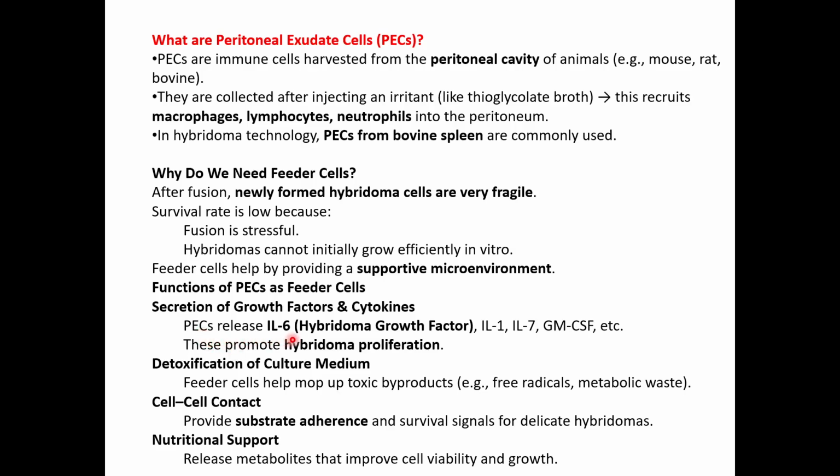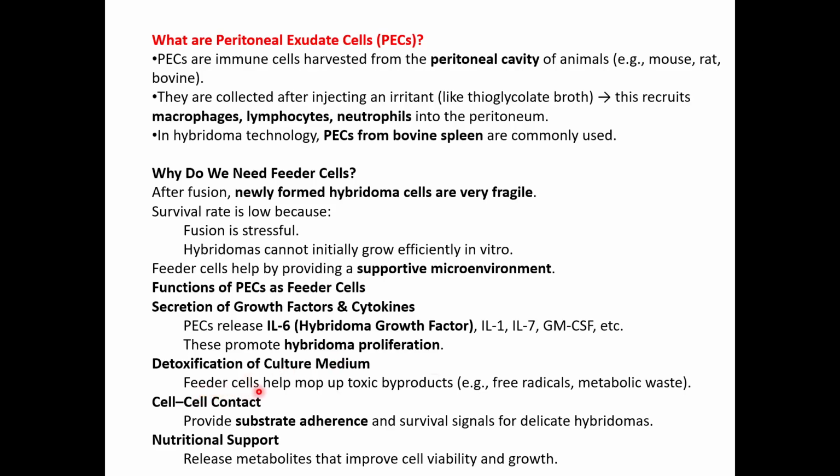PEC cells release IL-6, which is a growth factor for the hybridoma cells, and it also releases interleukins like 1, 7, and also GM-CSF. It also helps in the proliferation of hybridoma cells.